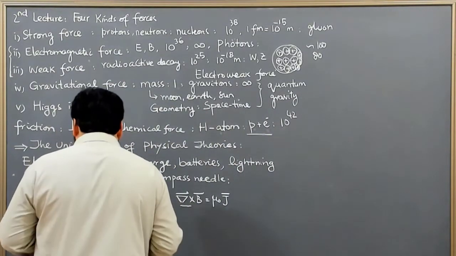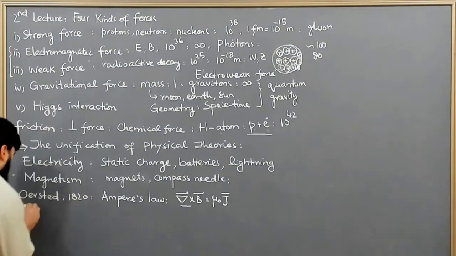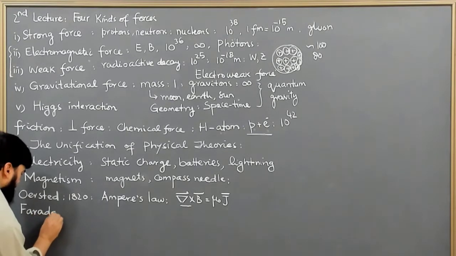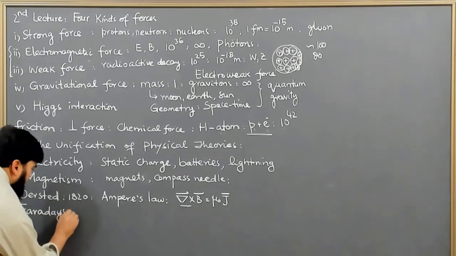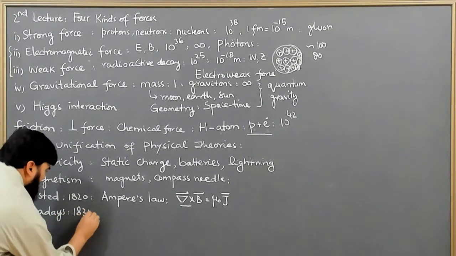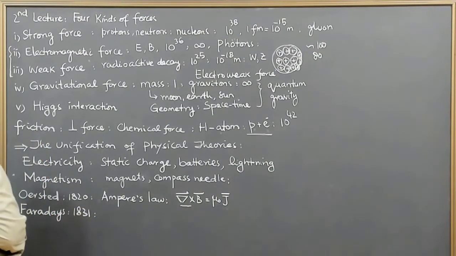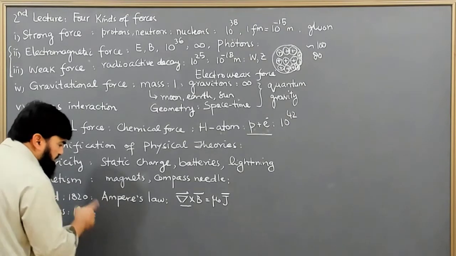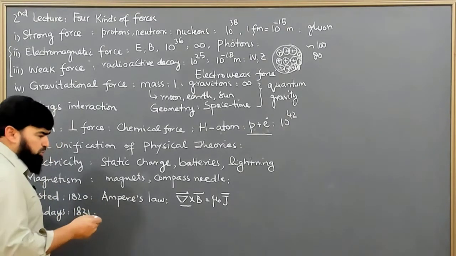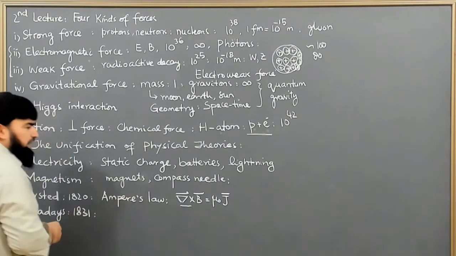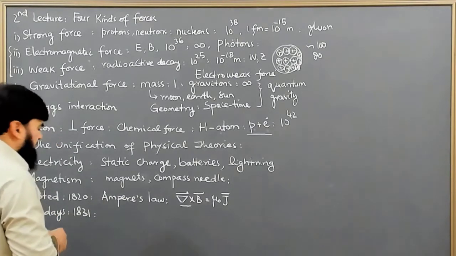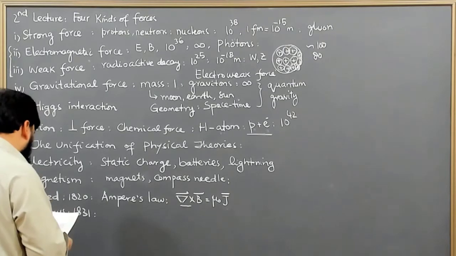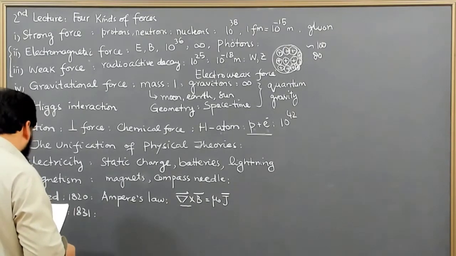And then after 11 years, Faraday made another observation. He observed that if you move a magnet close to a wire, it can cause a deflection of the galvanometer, or a current flow inside the wire.